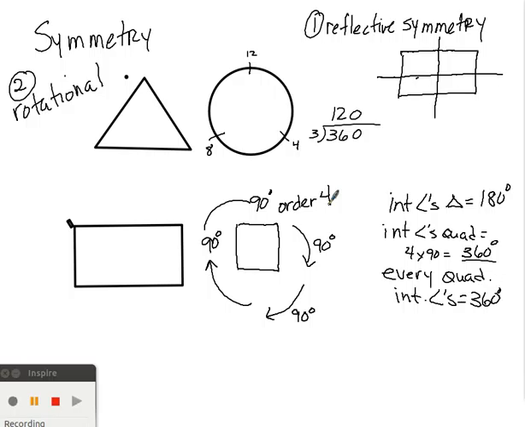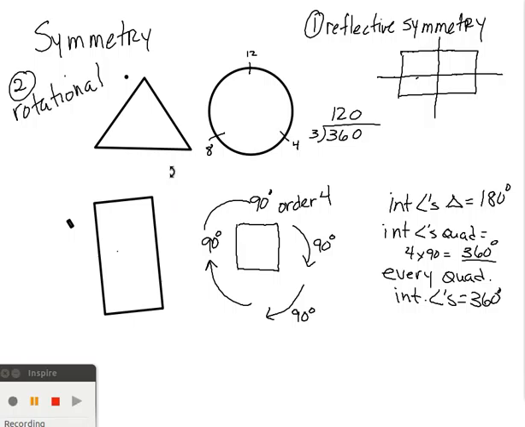Now here's a rectangle. Think about a rectangle. How many orders of rotational symmetry does it have? Well, it has the original one that you start with, which would be a 360 degree turn. But what else could you have on a rectangle? I can rotate it 90 degrees, but that's not the original position.